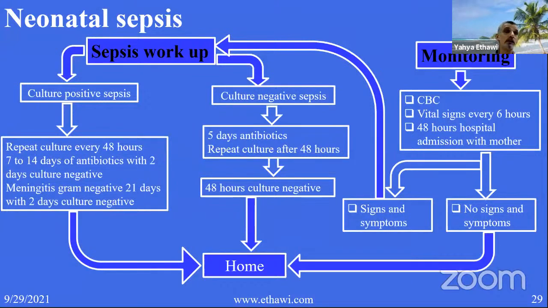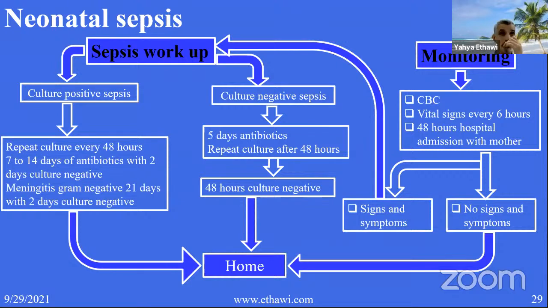For example, if mom came perfectly, normal pregnancy, but they delivered her because she was bleeding due to a placental problem, and the baby was born premature, then there is no need to do a sepsis workup. However, you need to monitor the baby. If the baby deteriorates, for example prematurity and hypoglycemia plus metabolic acidosis that you cannot explain, then you need to do a sepsis workup.